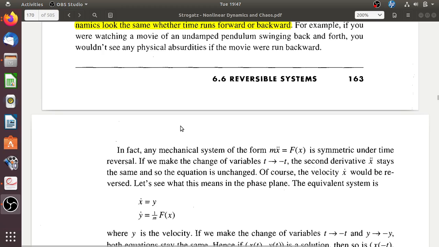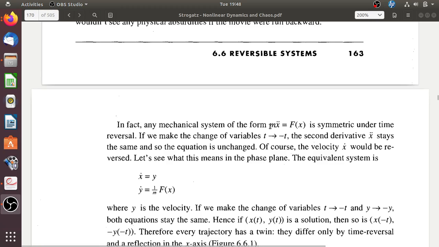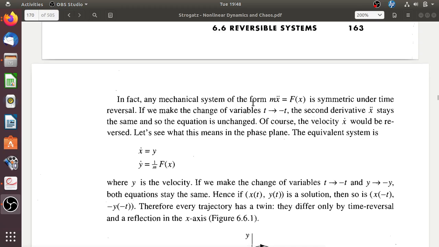So let's see this in an example, which is Newton's second law, m x double dot is equal to f of x. Let's see whether this form is still unchanged even if we do this time reversal by making t to minus t. Let's say x represents the position of a particle.